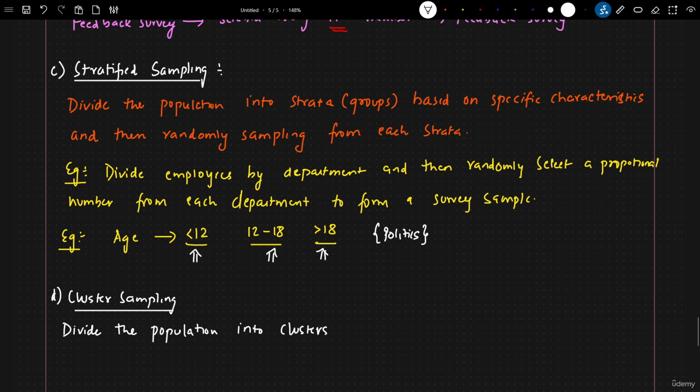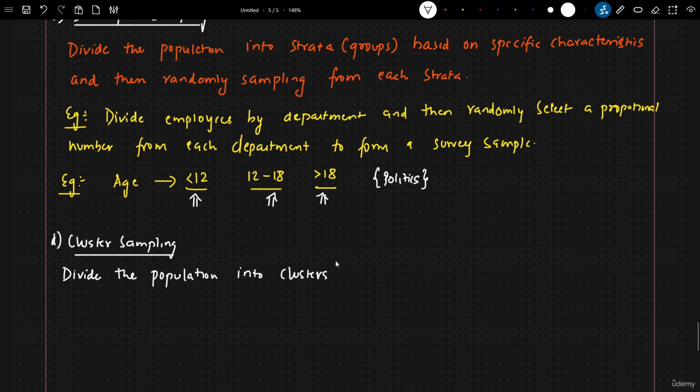Okay, so this is really important to understand, and then you'll also be able to understand the differences exactly. Divide the population into clusters, and then randomly select clusters.